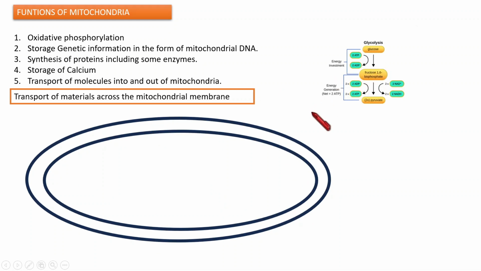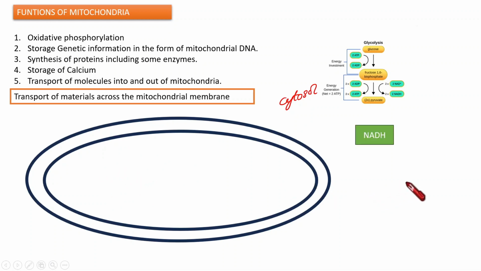We learned in the last class that the electron transport chain begins by taking up electrons from NADH, and that NADH is mainly obtained from many metabolic pathways, mainly glycolysis, which happens in the cytosol, not inside the mitochondria. So that NADH is present outside. For initiating the electron transport chain, it should be present inside.